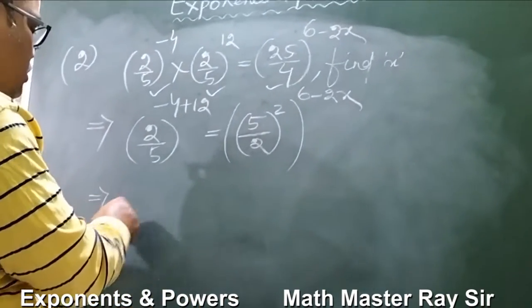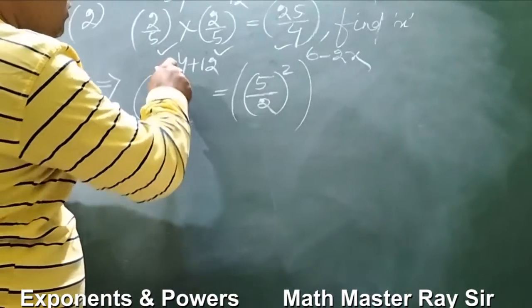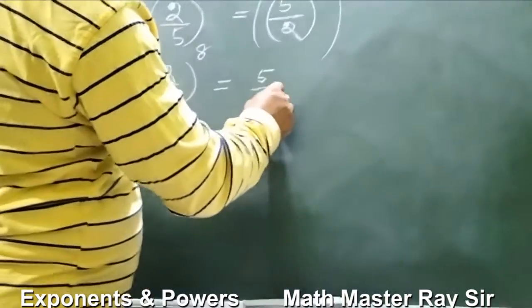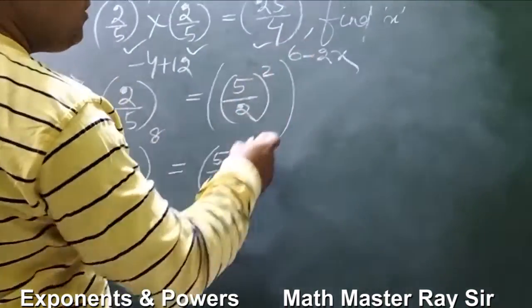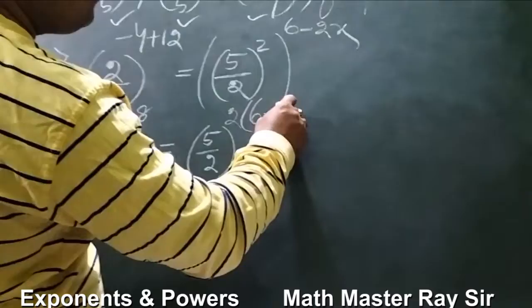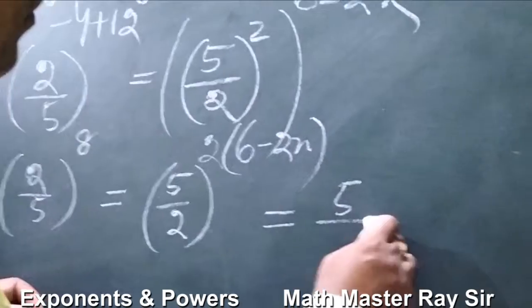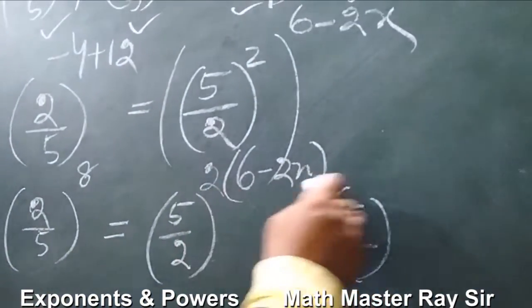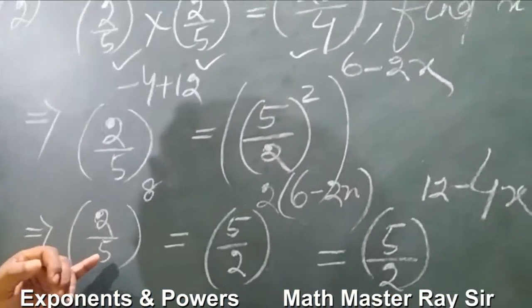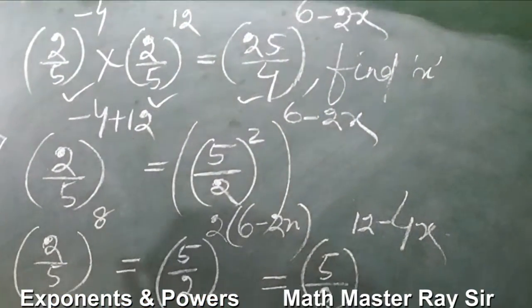That implies 2 by 5 to the power 8, since minus 4 plus 12 is 8, equals 5 by 2 to the power 2 into 6 minus 2x, that equals 5 by 2 to the power 12 minus 4x. Now look, this is 2 by 5, this is 5 by 2. I have to reverse it.